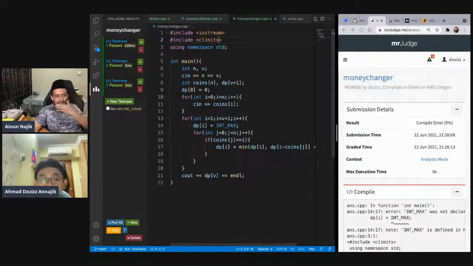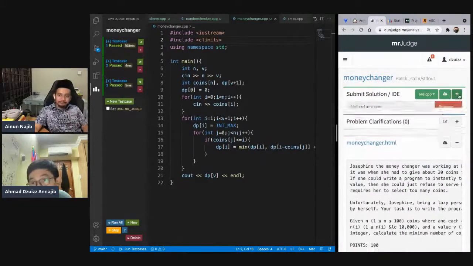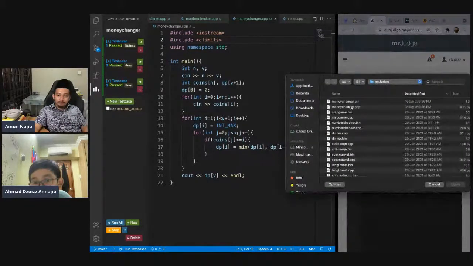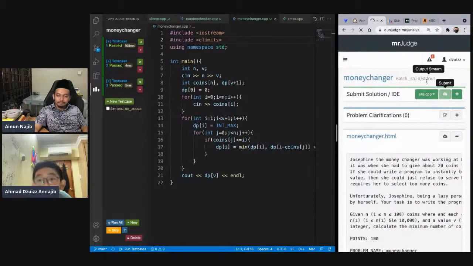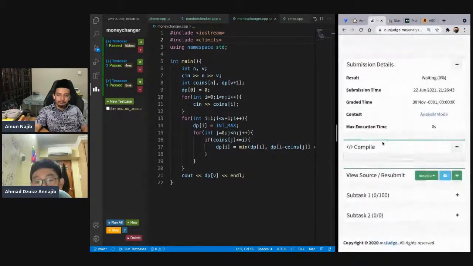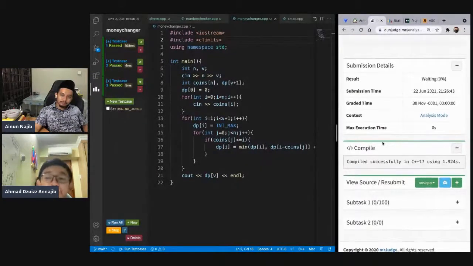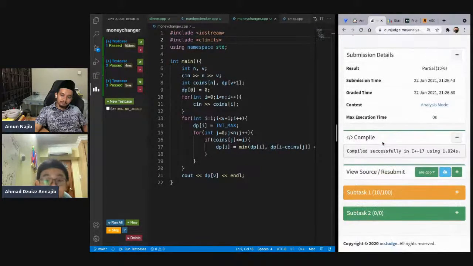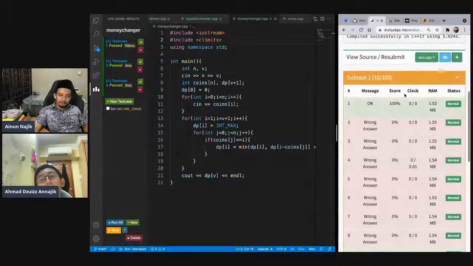No, min is a basic function, a standard function. Hmm, not time limit. Oh, no, it's wrong answer. Why?